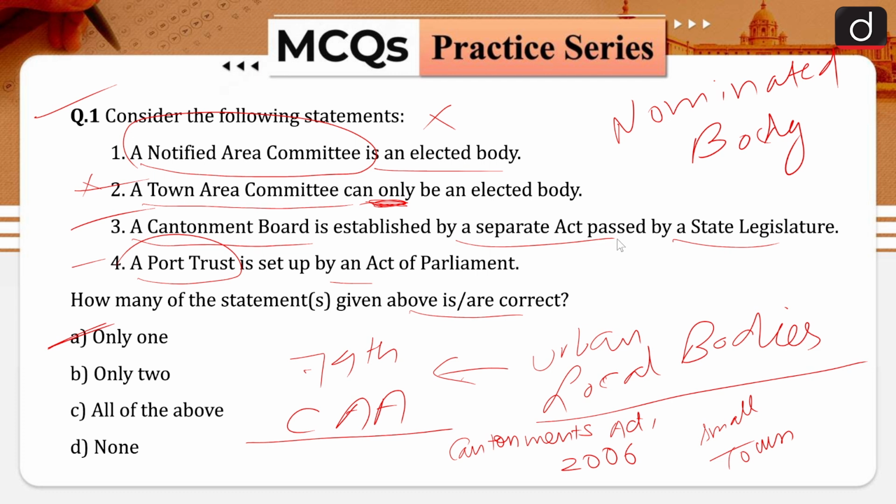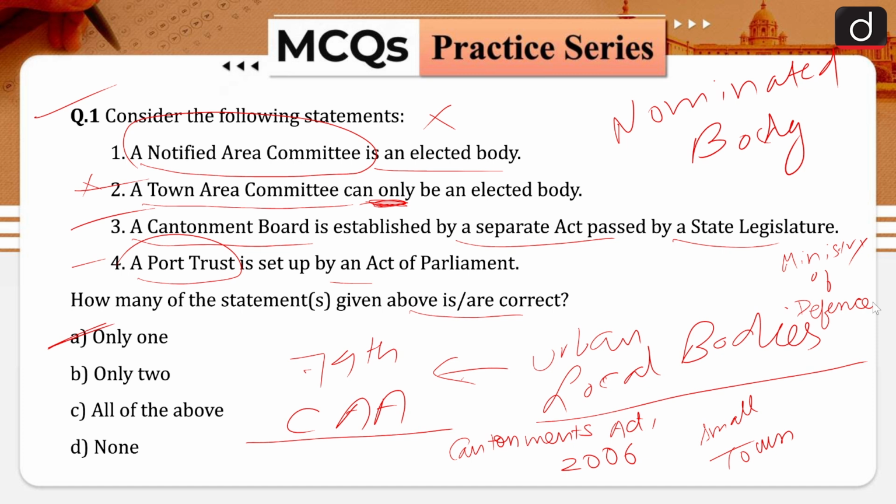A cantonment board functions under the administrative control of the Ministry of Defense. The members of a cantonment board are partly elected and partly nominated.